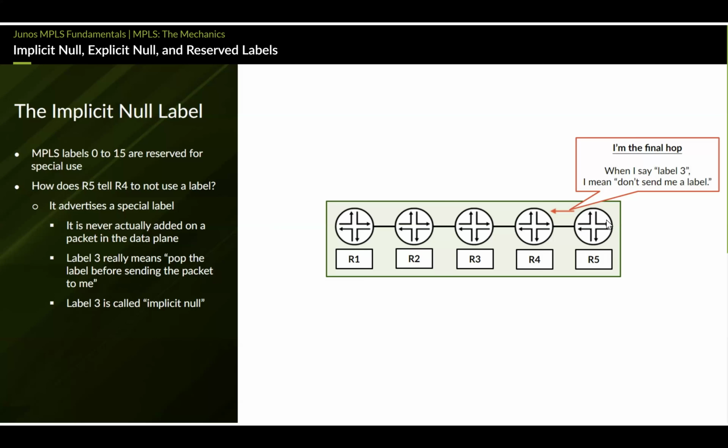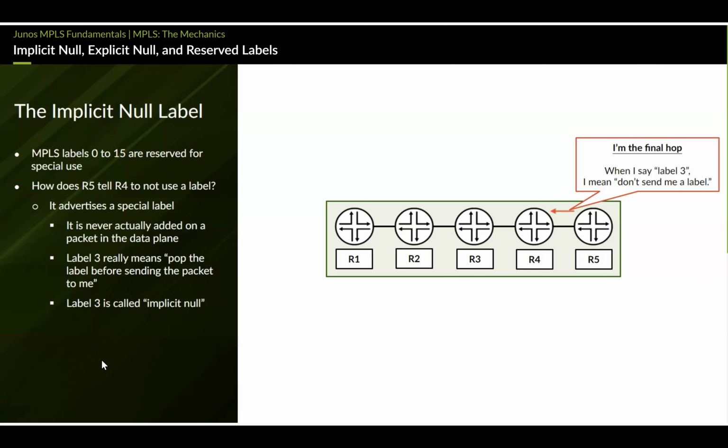Considering router 5 is the egress router, router 5 is sending to router 4. I'm the last one, I'm the egress router. So it sends to the immediate router a special label value, and the label value is 3.